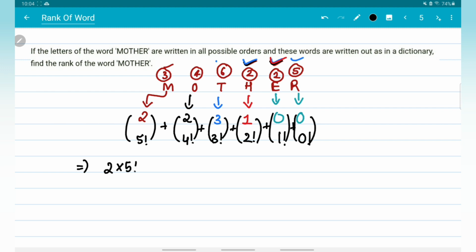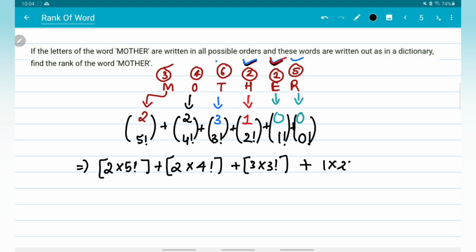So when I do 2 into 5 factorial plus 2 into 4 factorial, the last two will become 0. Now when I multiply this, what I get is 240 plus 48 plus 18 plus 2. Now when I add all of them, I get 308.